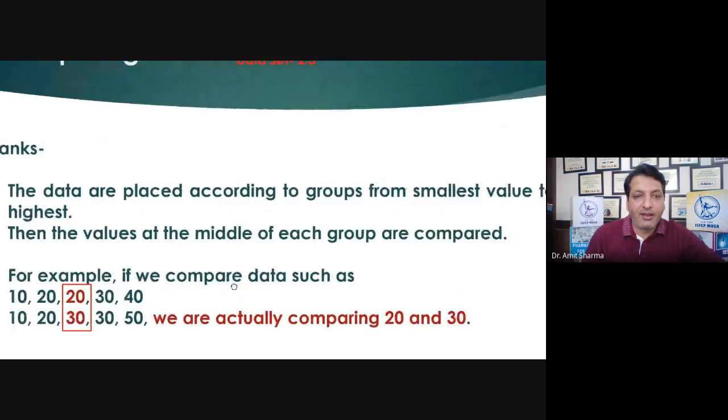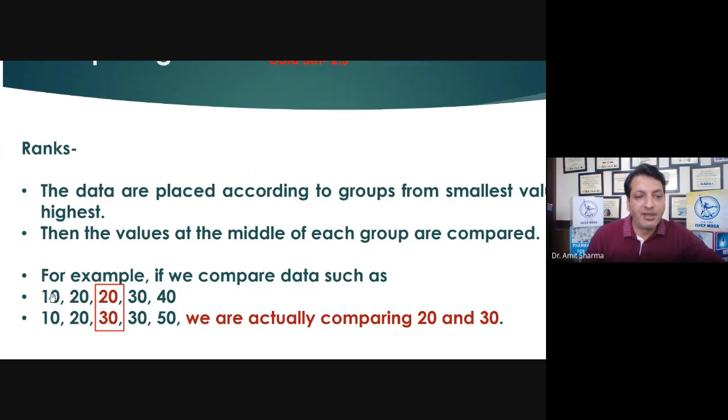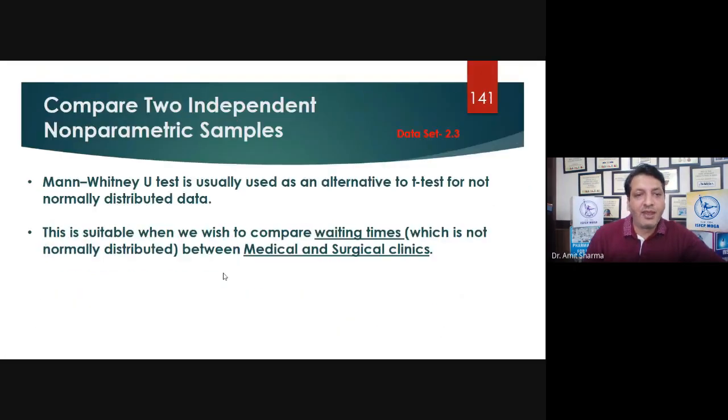So this is an example of how to arrange the data and what we are going to compare. If we have two different groups, group A is this and group B is the lower side.